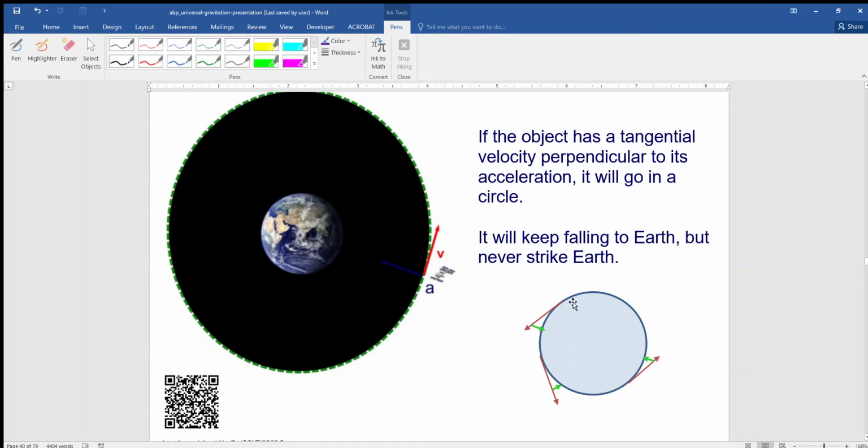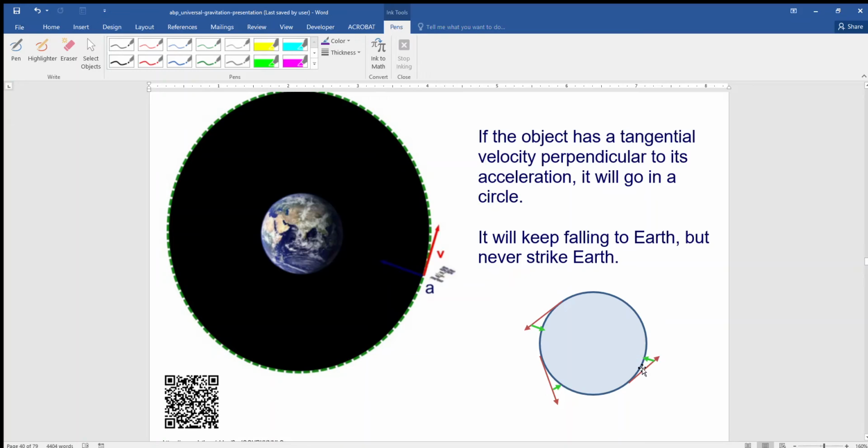What happens is that even though my velocity is going in a straight line away from the Earth, the gravitational acceleration is pulling it back towards the center. So I may continue out for a period of time, but I'm always being pulled back down. No matter where I am traveling on the circle, I can be traveling in a straight line, but the effect of gravity will always pull me back down, keeping me in an orbit around the Earth.